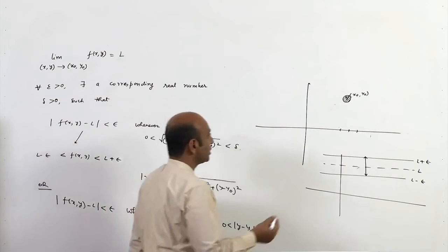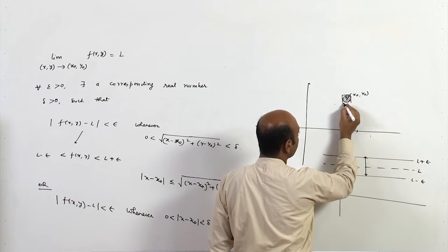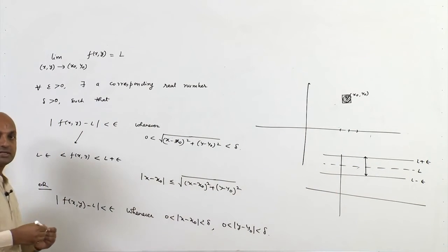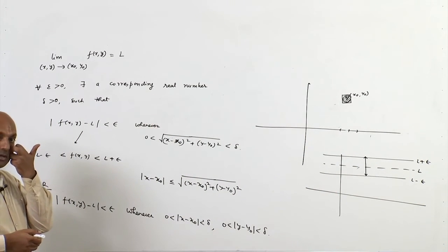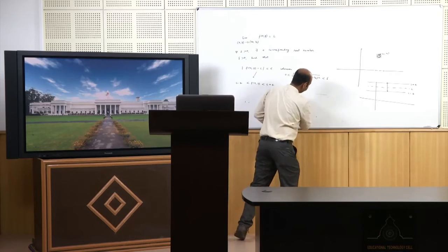That means, instead of a disk it may be a rectangle. Then also we can apply the same definition. Now let us discuss a few examples based on this, so that the concept of limit will be more clear.